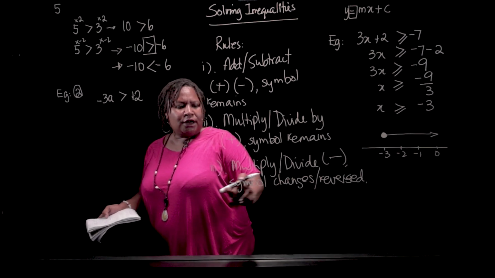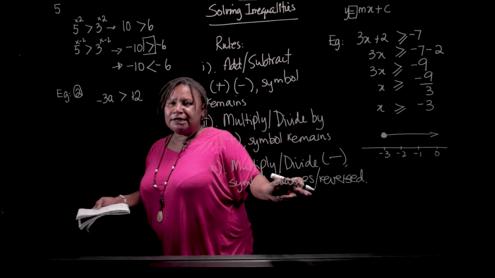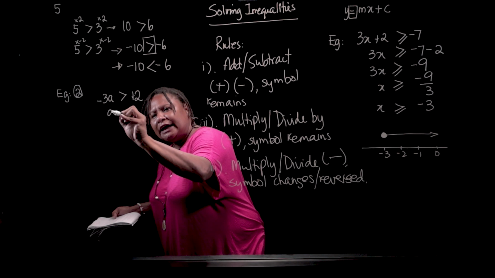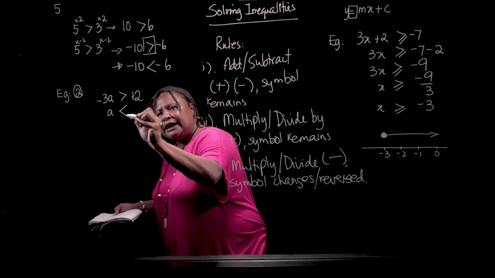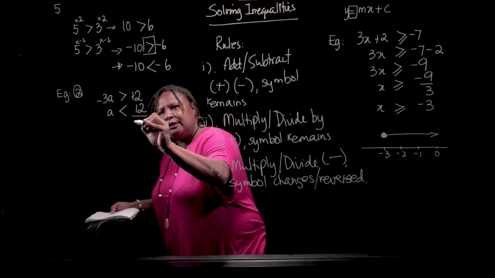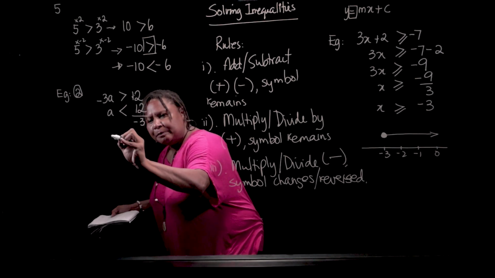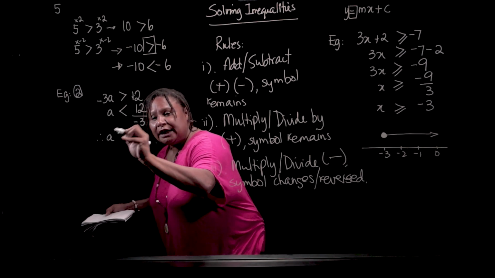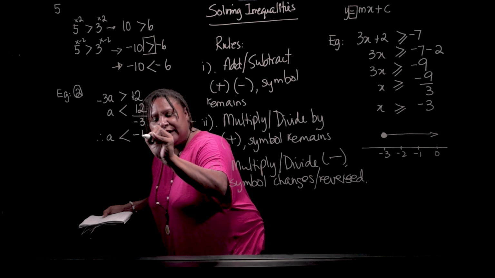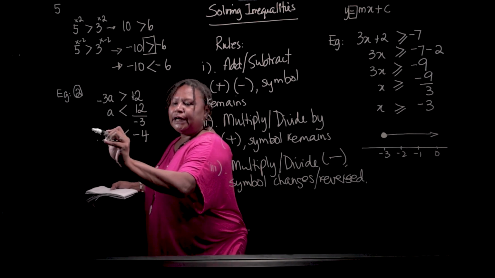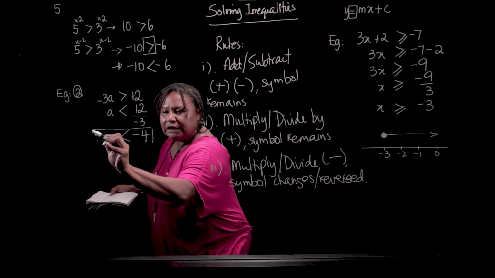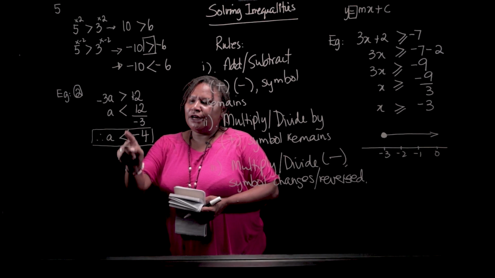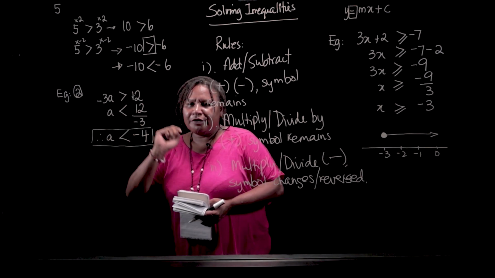Go back to the rule. When we divide by a negative number, the symbol changes. So this greater than symbol now becomes a less than. 12 divided by negative 3, so a is less than negative 4. Okay? This is how we apply the third rule. When dividing by a negative number, the symbol will be reversed.